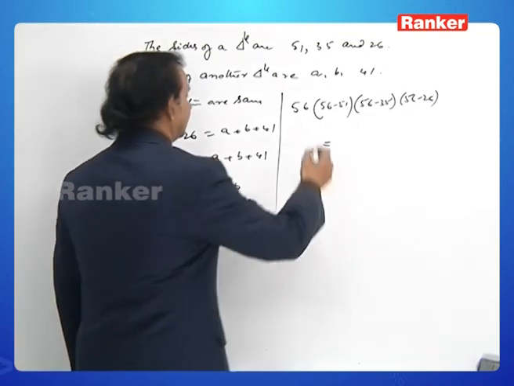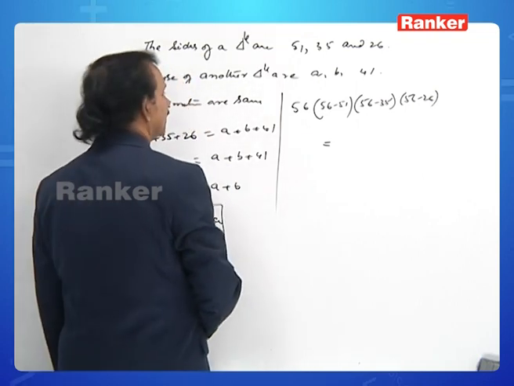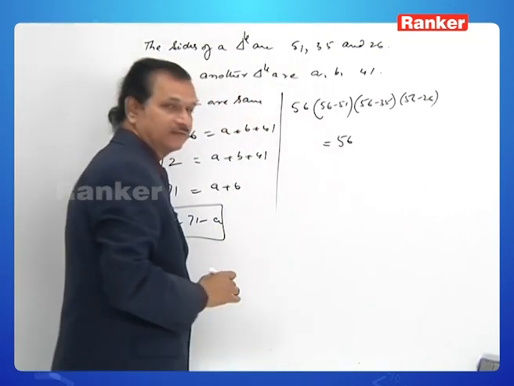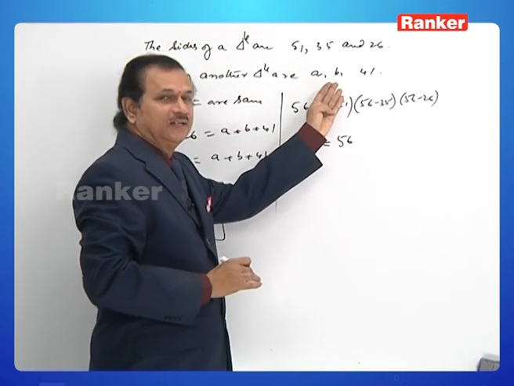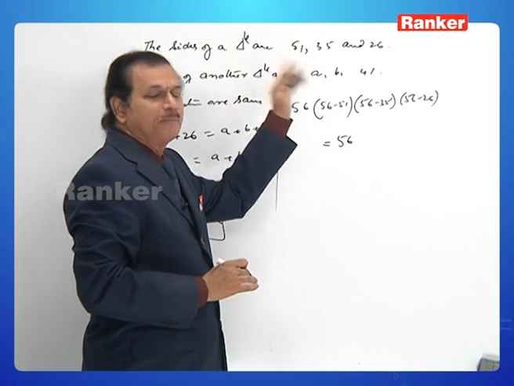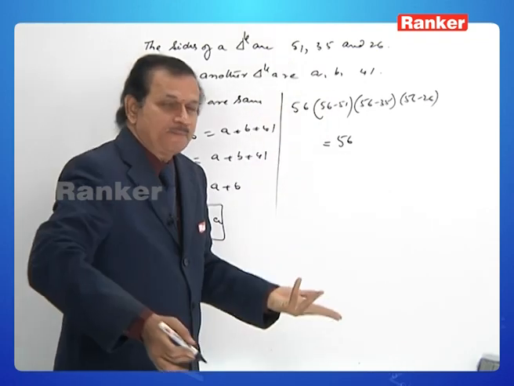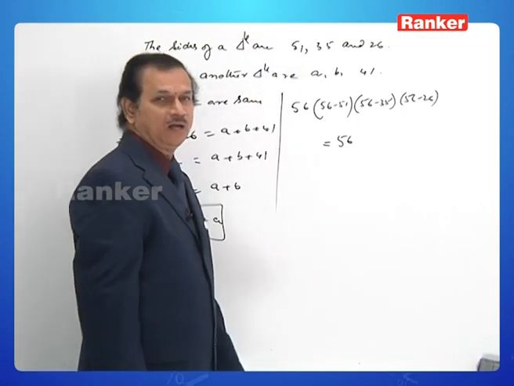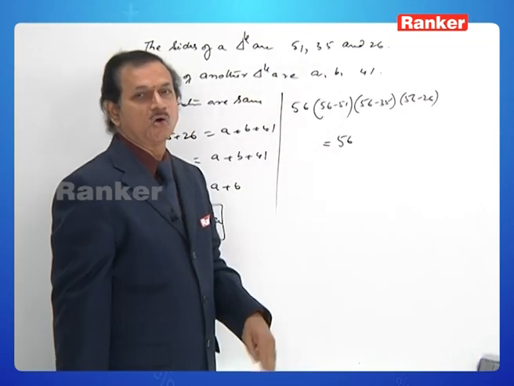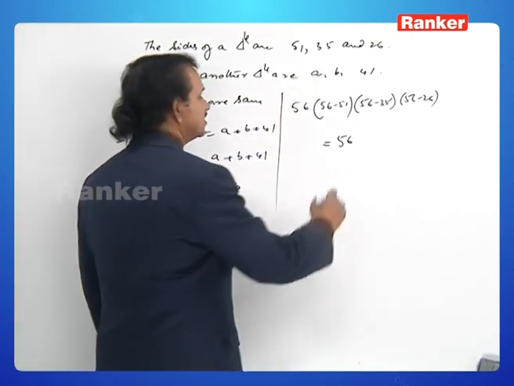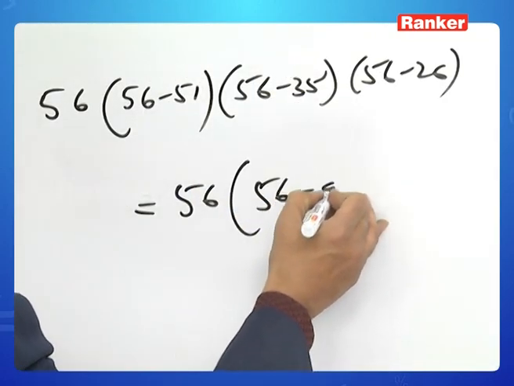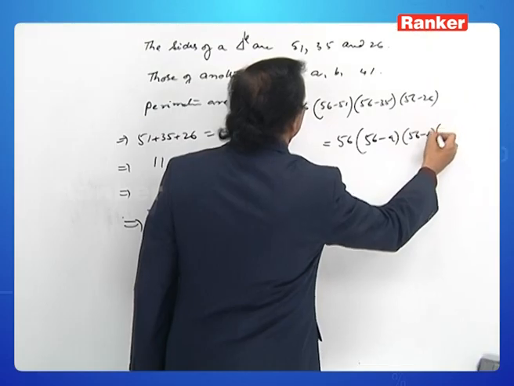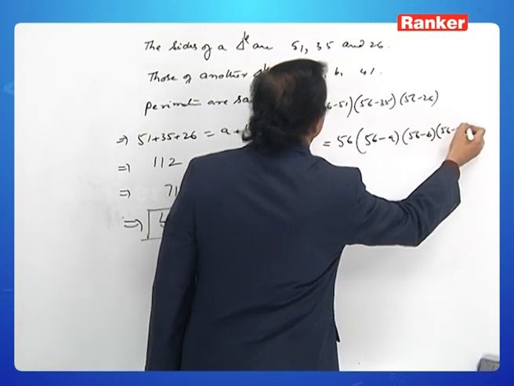what is S here? Same 56. Because their perimeters are the same, their semi-perimeters are also the same. So S is 56 for that triangle, and automatically the same 56 holds good for this triangle also. 56 into 56 minus A into 56 minus B into 56 minus C, 56 minus 41.